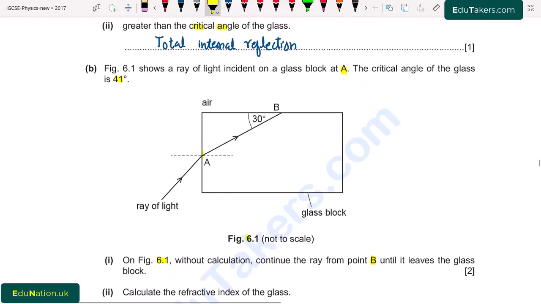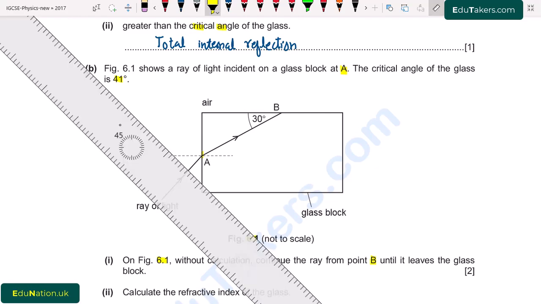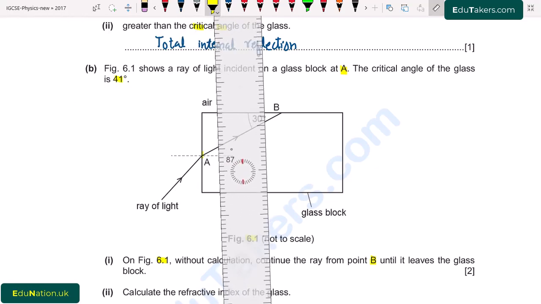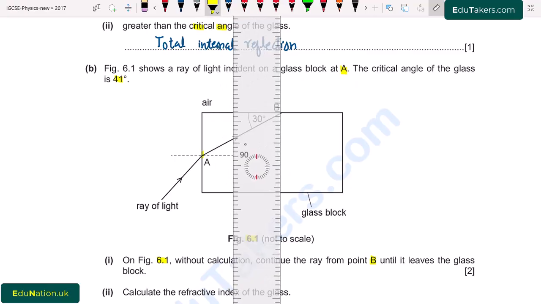So in figure 6.1, we can see that this is the incident ray and it falls at the point B. So first of all, I draw the normal line here. So this is the normal line to this surface.